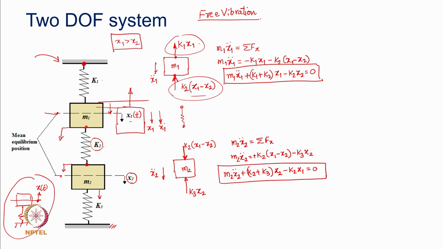So, now because I have 2 degrees of freedom, I have 2 governing equations of motion.